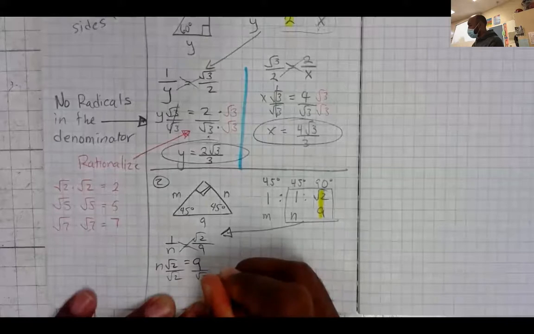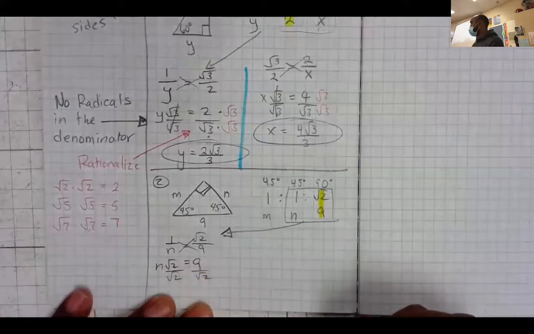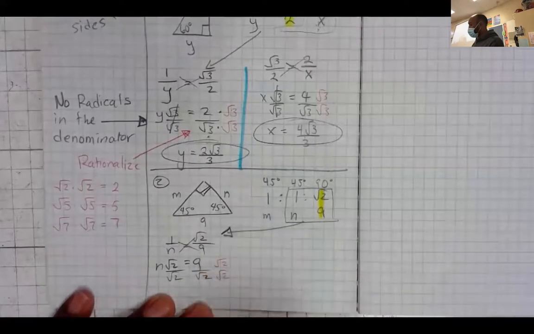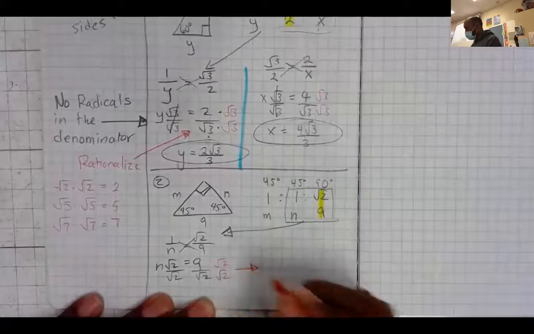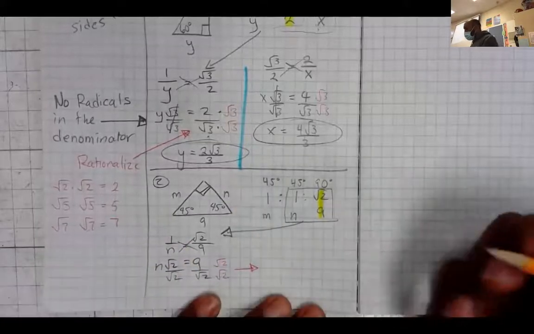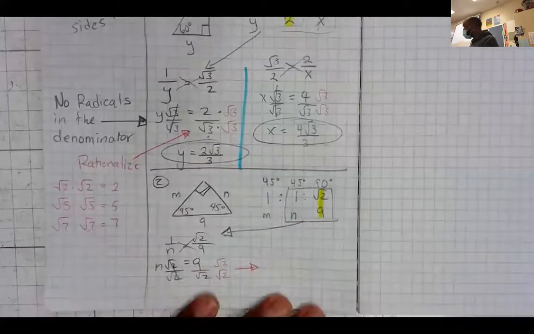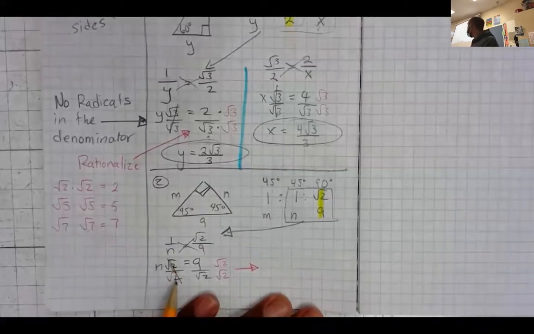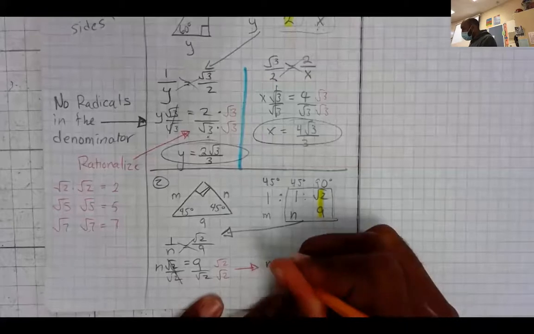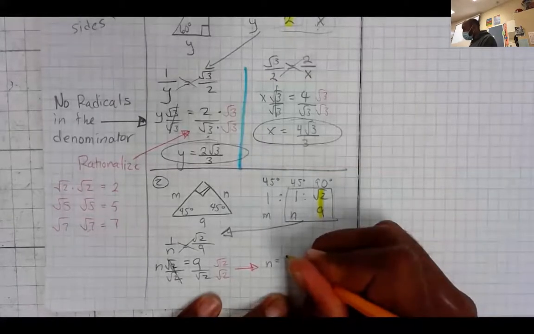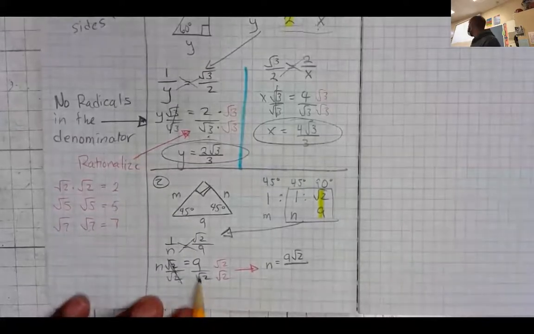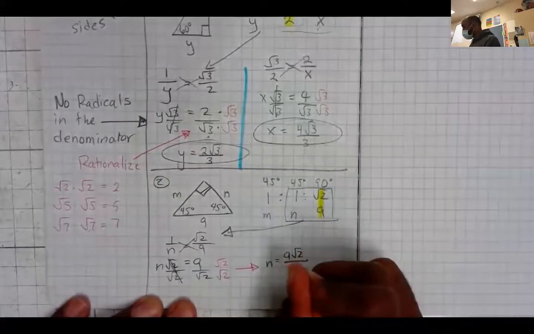So what do I multiply on the top and the bottom? Yep, radical 2 on the top and the bottom. So now that cancels the first part, square root 2 over square root 2. And then I have n equals 9 times the square root of 2 on the top. And then again, square root of 2 times square root of 2 is just 2.